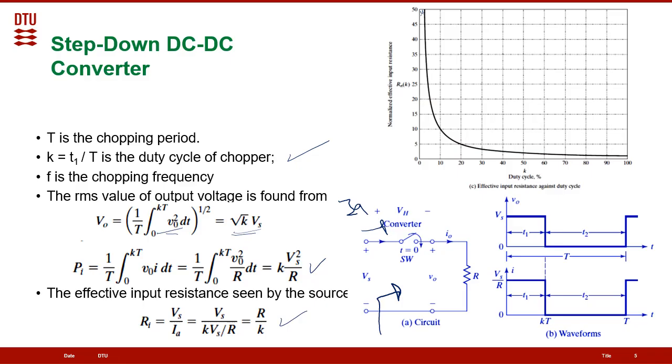This means that the source is directly connected to the resistor, so we will get almost R. So here also we can see that the duty cycle modifies the voltage, the current, and also the resistor seen by the voltage source.